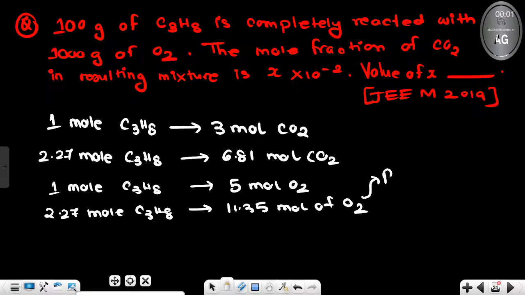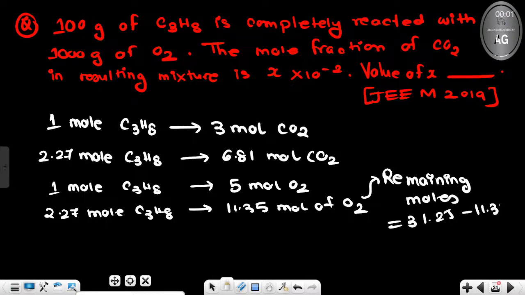So here I am writing remaining moles equal to, how much was there? 31.25 minus 11.35. So that is basically 19.9. So this much number of moles remain. So when we will calculate the mole fraction, that time this has to be considered. That is the case. Understood?